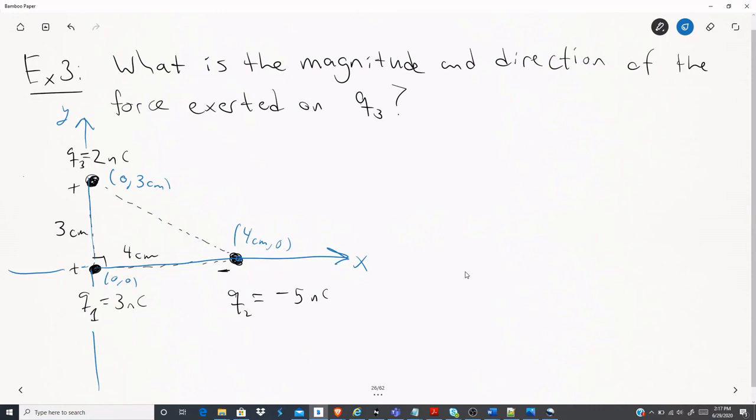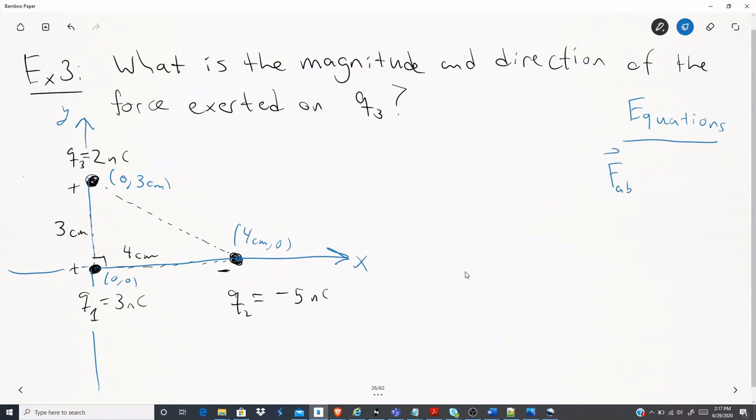And now I'm going to make my list of knowns, unknowns, and equations. So in terms of equations, which are usually the most fruitful place to start, I know how to compute the force that one charge exerts on another. So to avoid confusion with these subscripts, I'm just going to write A and B as the labels for the charges.